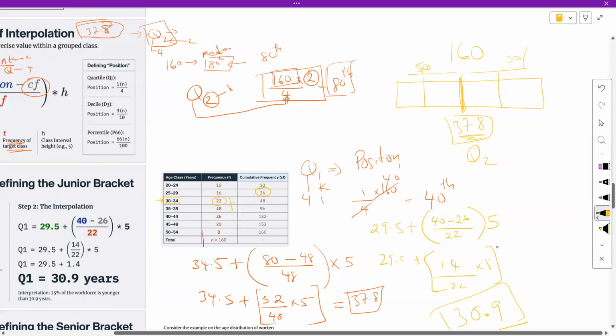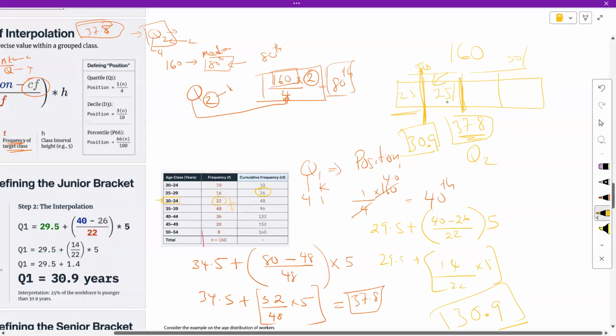And here Q1 is the cut point, 30.9. It means 25% of the employees are below age 30.9.